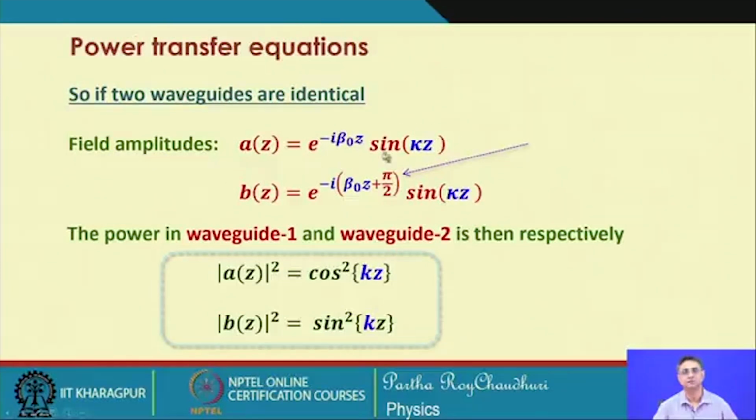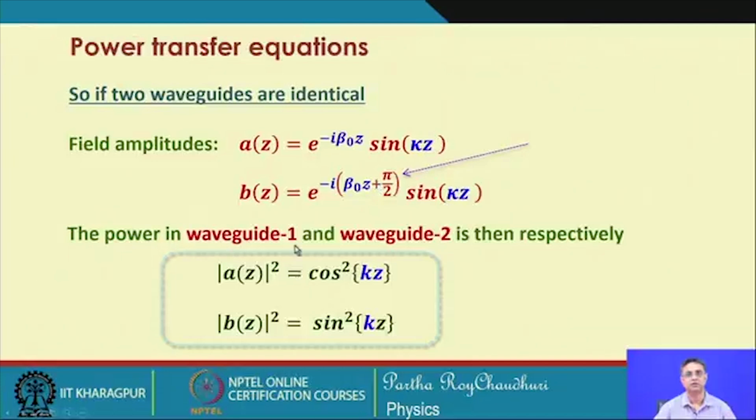It requires a simple algebraic manipulation. So, you can show that the amplitude in A is a sinusoidal function, sine of kappa z. The amplitude in B is also a sinusoidal function, but with an initial phase of pi by 2 with respect to this.